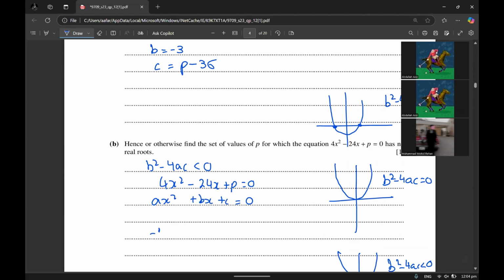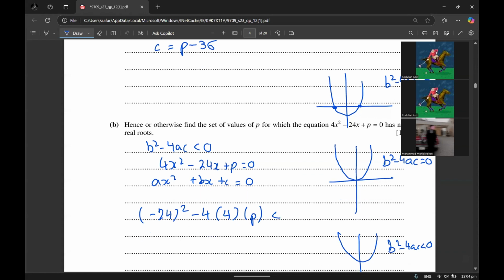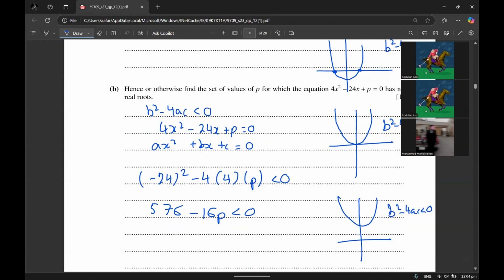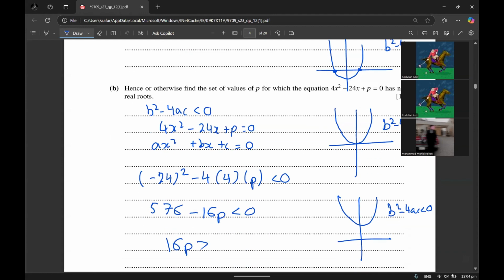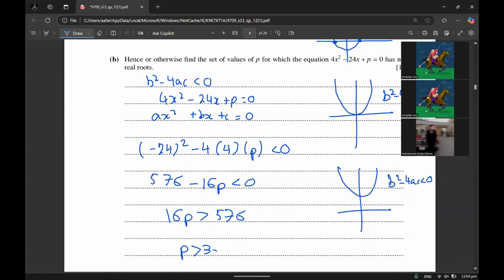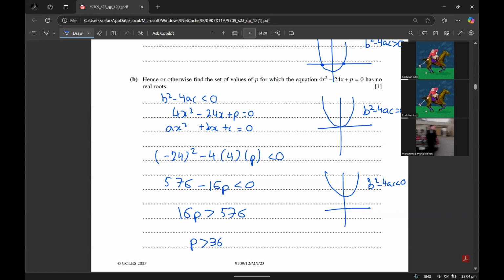So b is minus 24, so negative 24 whole square, minus 4 times a, which is 4, and c which is p. That is basically 576 minus 16p, less than 0. So we get 16p is greater than 576. If we take 16p to the other side, we get p is greater than 36. So just one mark.